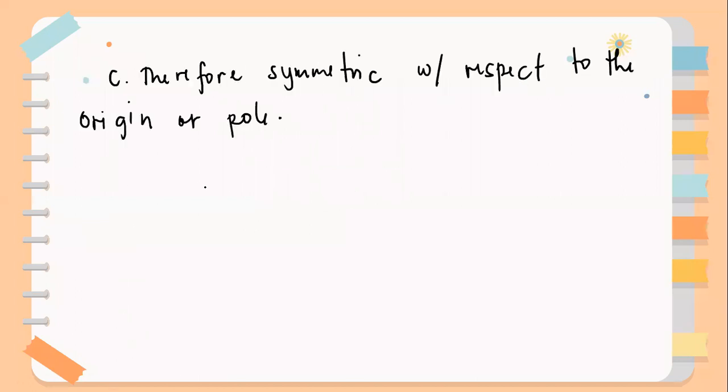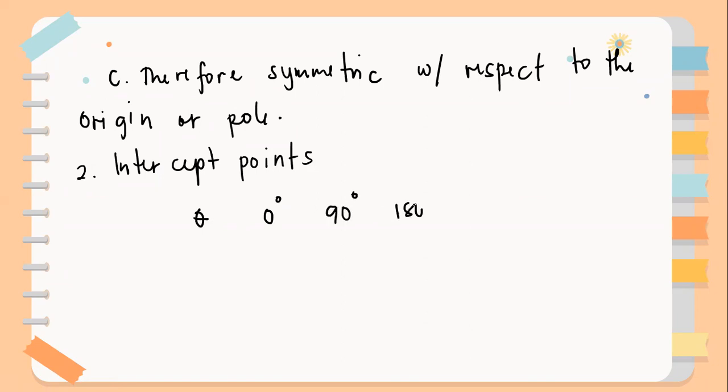Okay, now for the intercepts, number 2, intercept points. We have θ: 0 degrees, 90 degrees, 180 degrees, 270 degrees, 360 degrees. Then we have your r.